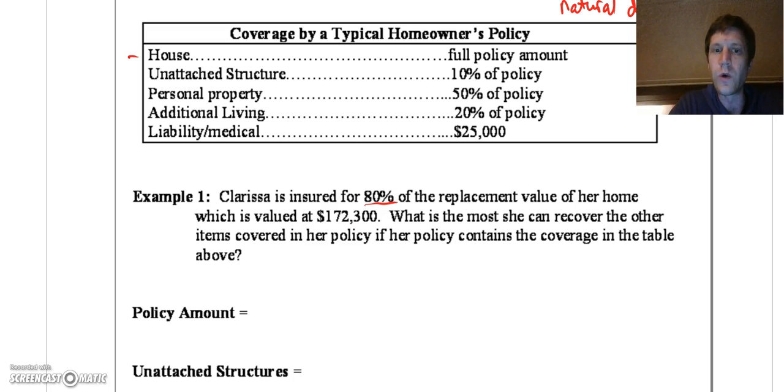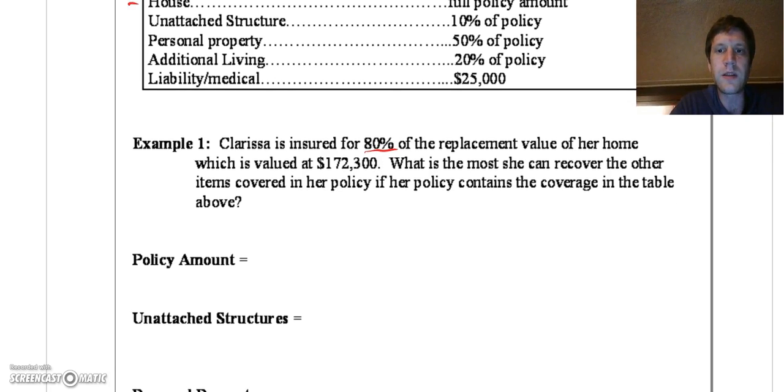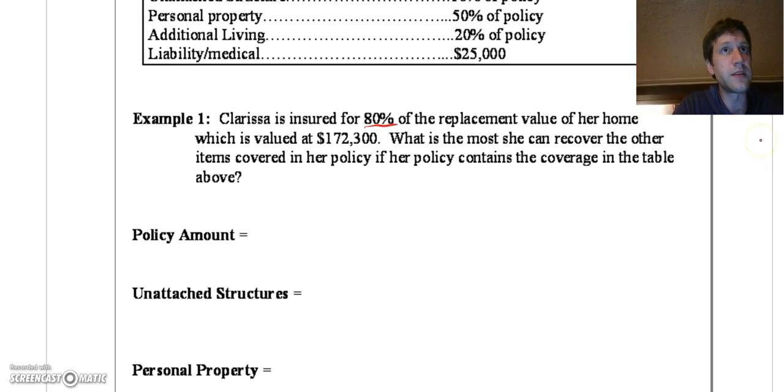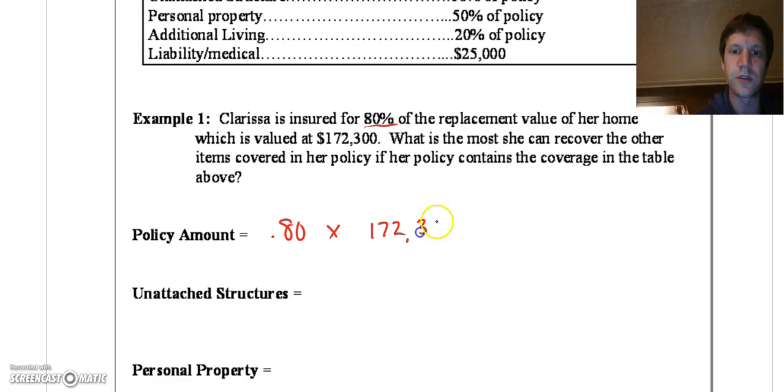Okay. So one thing is that the policy amount is usually not going to be 100% of the value of your home. It's usually not going to pay for everything because you need to pay for part of it. The insurance pays for the rest. So in this case, we're paying for 80%. So the policy amount is going to be 80% times the value of the home, which is 172,300.